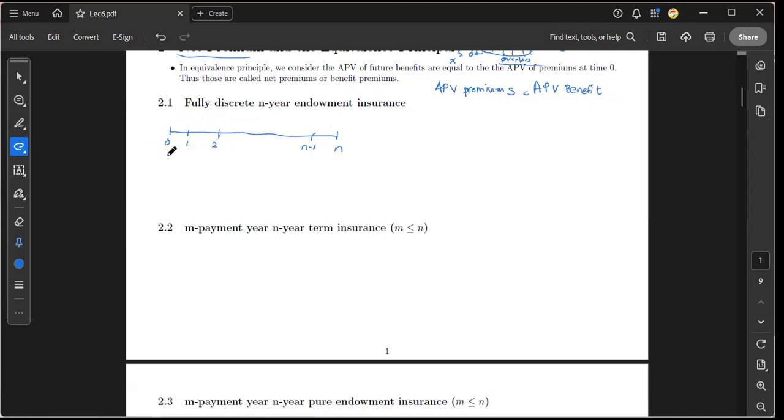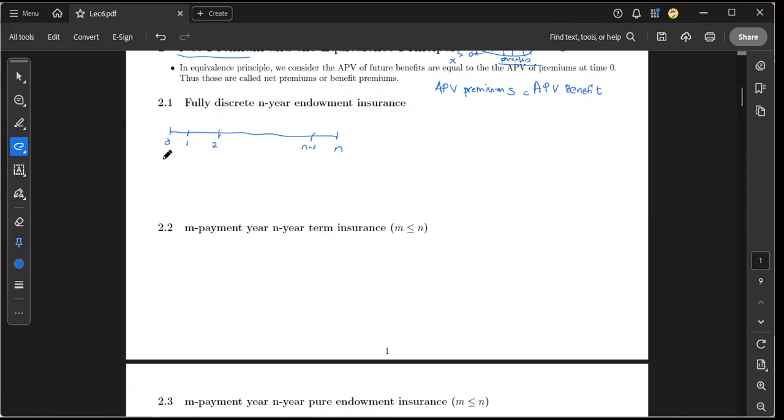And for the premiums, we always assume that the annuity or the premium payments are made at the beginning of the year. That means we have to use the annuity due in calculating this premium. The other thing we need to assume is that the benefit is $1 and all the premiums are equal, the level case.